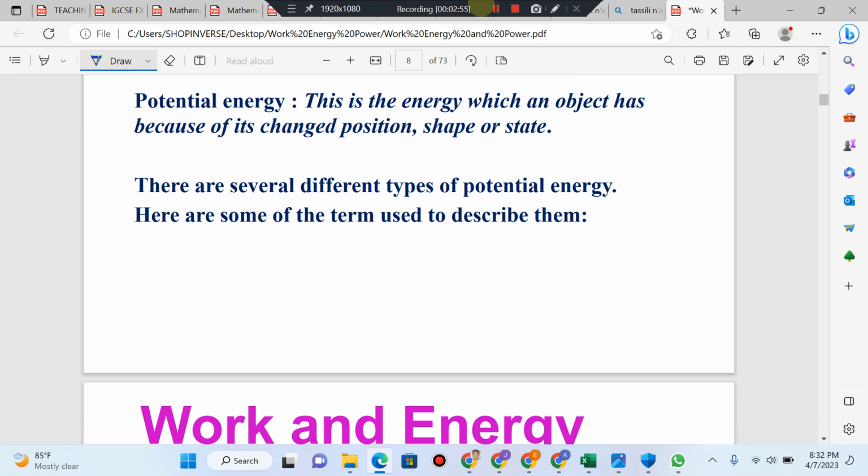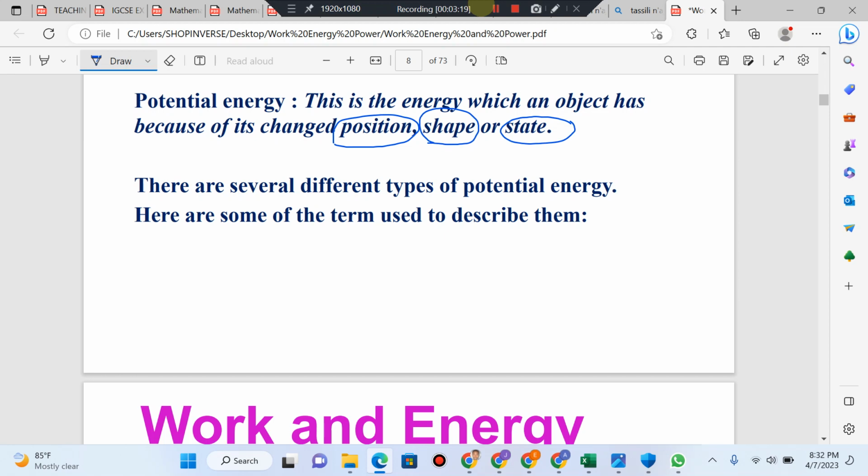We also talked about potential energy, and we said there are three types of potential energy. The first one is gravitational potential energy, which is due to change in position. The second one is elastic potential energy, which is due to change in shape. And the third one is chemical potential energy, which is usually due to change of state.